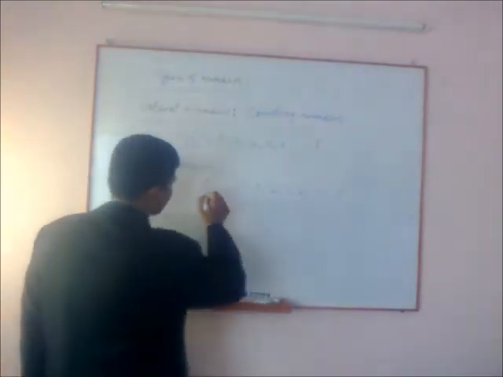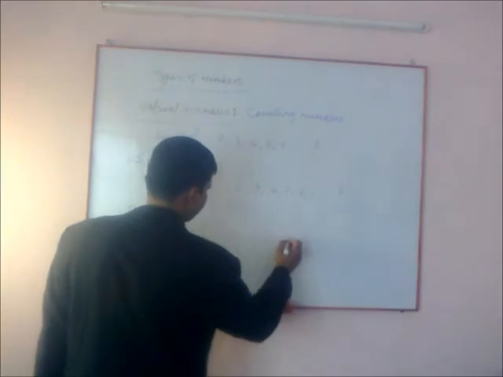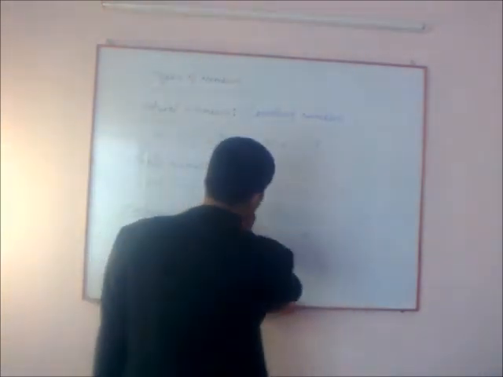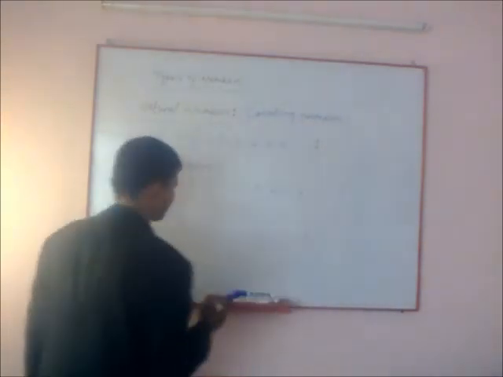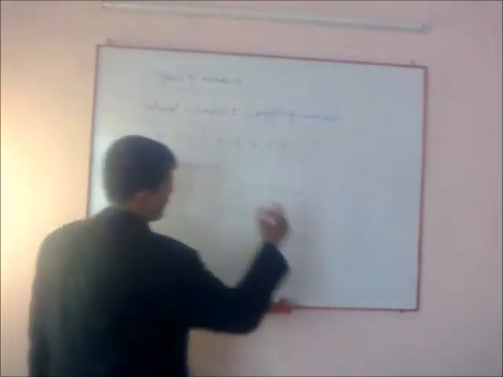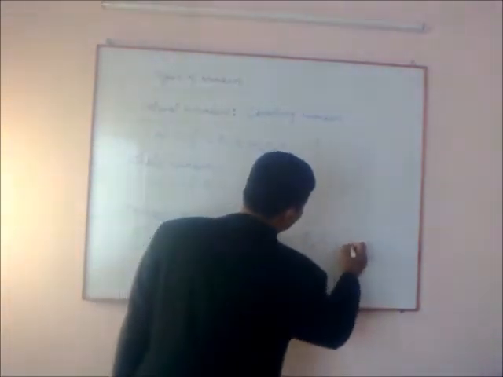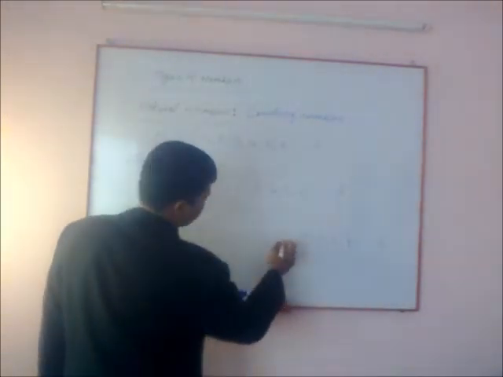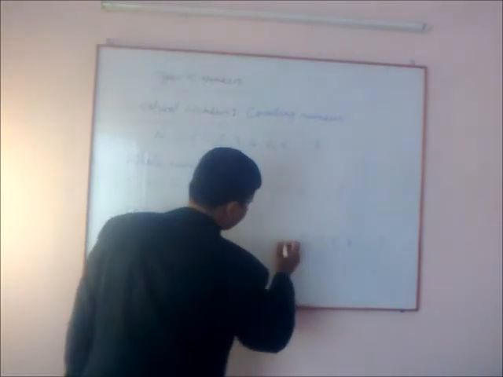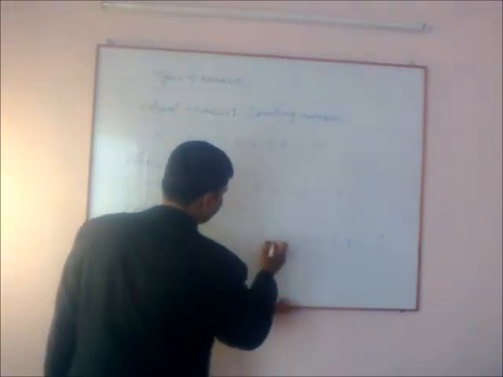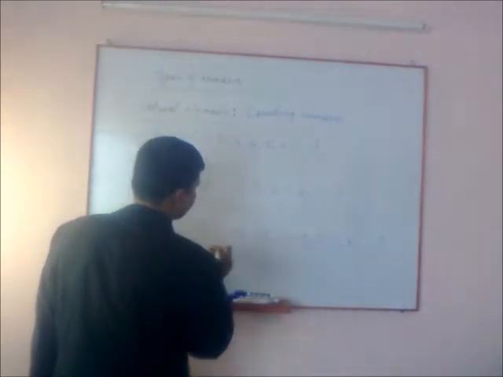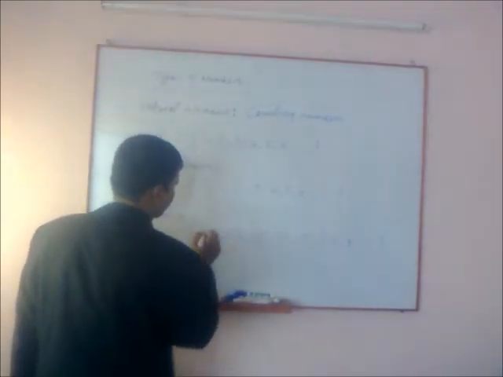So in the middle there is 0. After 0, all the positive integers, that is whole numbers, 1, 2, 3, and it goes on. And on the left hand side of this 0, negatives of these, -1, -2, -3, it goes on.